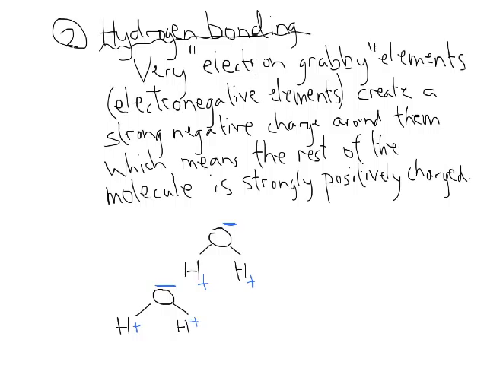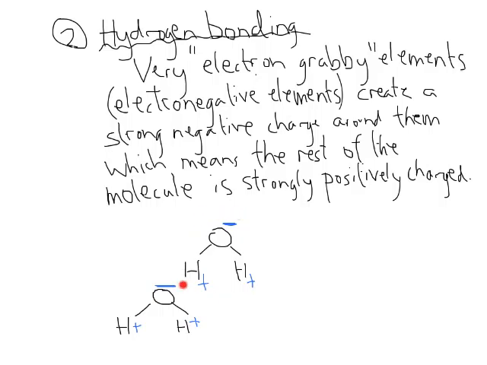So between these molecules there'll be a force. The oxygen of this one is attracted very much to the hydrogen of the other molecule, so there's a kind of attraction between the two molecules.